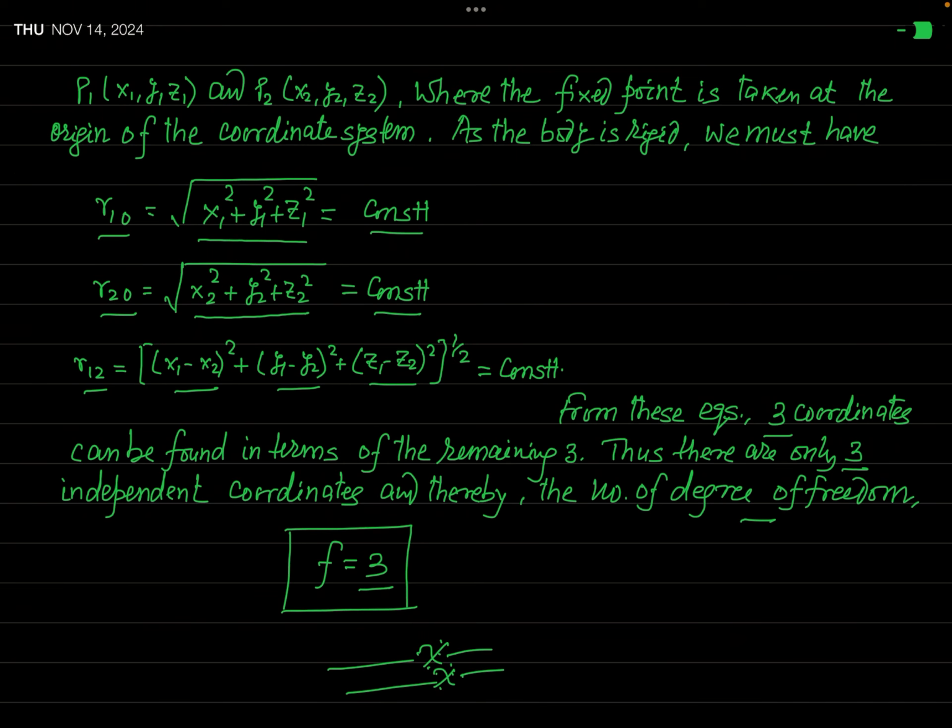Okay. So I think you have understood how we can determine the degree of freedom of a rigid body when it is fixed at a point. This is a very important example, and you will see its utility in our forthcoming video.